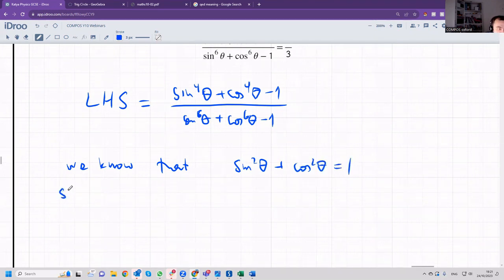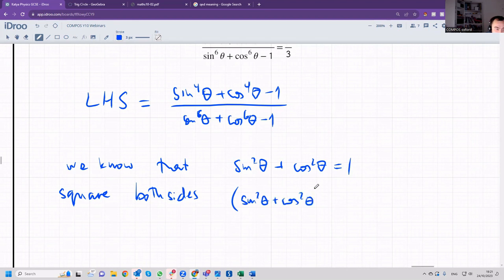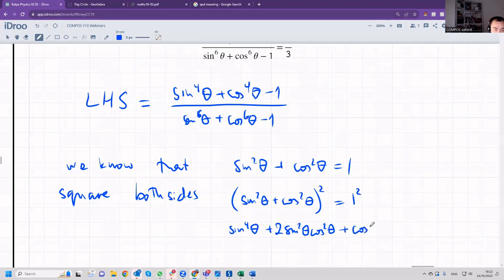Now we can square both sides. We have sine squared theta plus cos squared theta, all squared, is equal to 1 squared, which is sine to the power 4 theta plus 2 sine squared theta cos squared theta plus cos to the power 4 theta, and that's equal to 1.